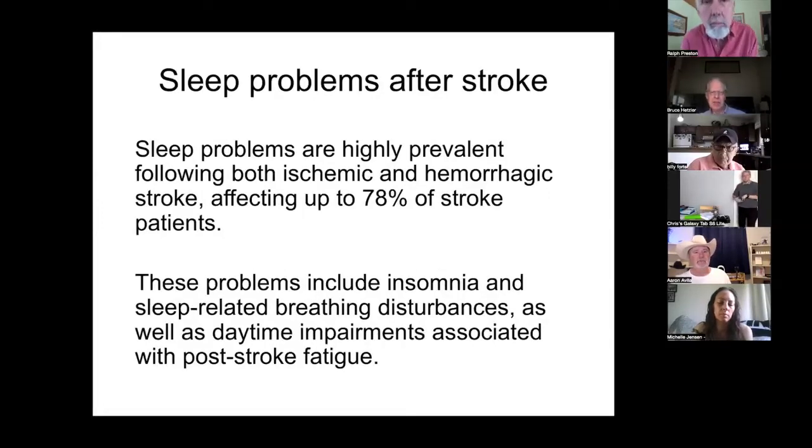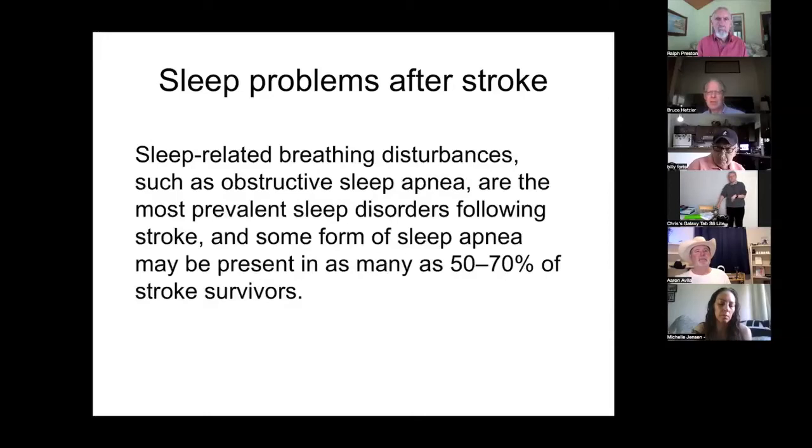Sleep problems are highly prevalent following both ischemic and hemorrhagic stroke, affecting up to 78% of stroke patients. These problems include insomnia and sleep-related breathing disturbances. Sleep-related breathing disturbances, such as obstructive sleep apnea, are the most prevalent sleep disorders following stroke, and some form of sleep apnea may be present in as many as 50 to 70% of stroke survivors.